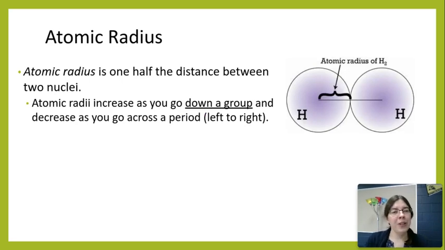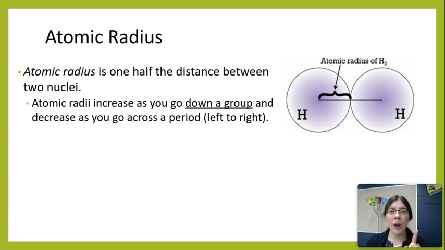Okay, so one trend we have is atomic radius, which is basically the size of the atoms. An atomic radius is 1/2 the distance between two nuclei. So it's really hard to measure the size of atoms because the outside part of the atom is the electron cloud, and it's hard to measure a cloud. So what we do instead is we take 2 identical atoms, so 2 hydrogen atoms in our picture, and we're going to squash them as close together as they're going to go.